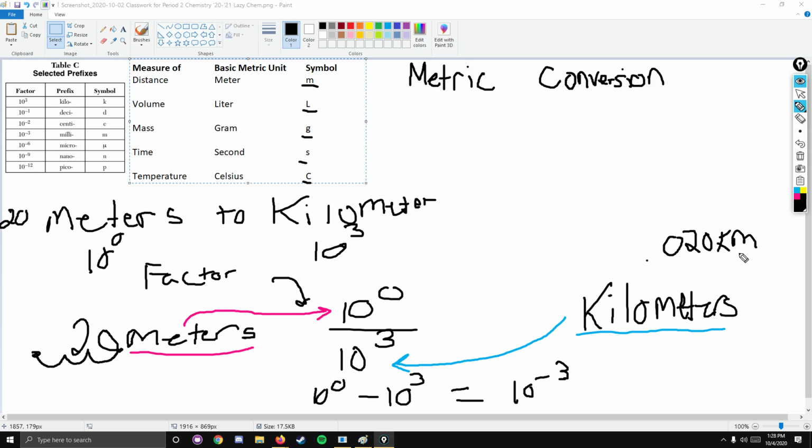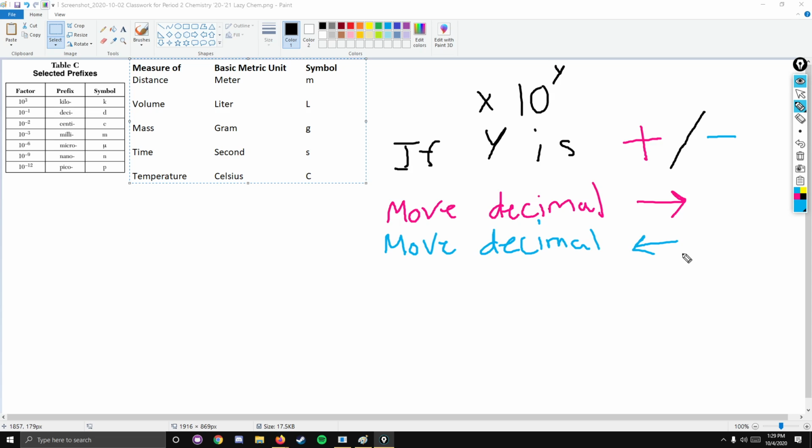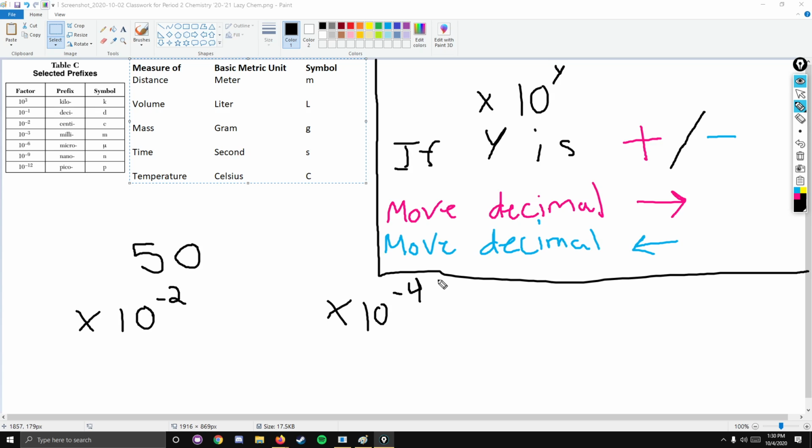So when multiplying by 10 to the power of something, if it's 10 to the positive number, we move our decimal place to the right, and if it's 10 to the negative exponent, we move our decimal to the left. Here are two example problems. We have 50 times 10 to the negative second, and actually I'll make that positive second, and then we have 10 to the negative fourth.